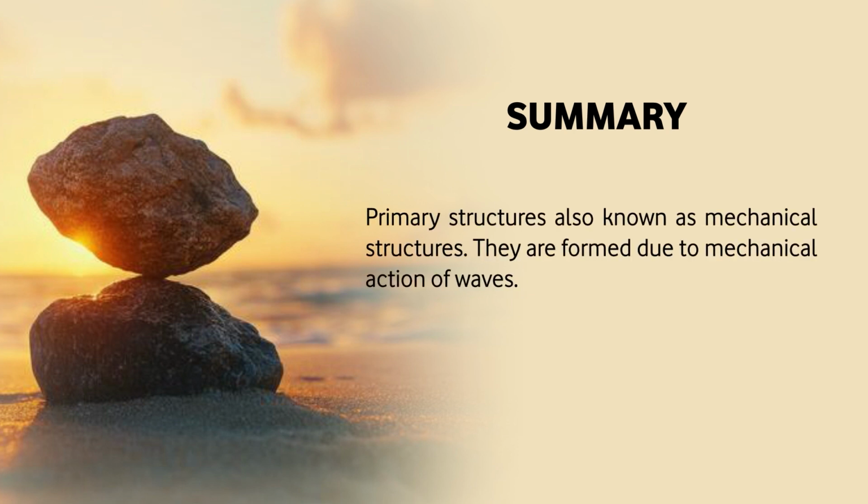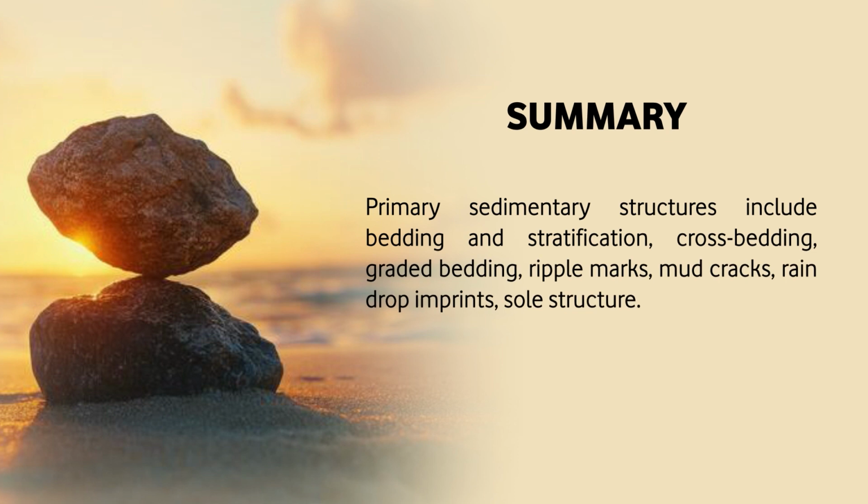Primary structures are also known as mechanical structures. They are formed due to mechanical action of waves and also by currents. Primary sedimentary structures include bedding and stratification, cross bedding, graded bedding, ripple marks, mud crack, raindrop ripples, soil structures, etc.